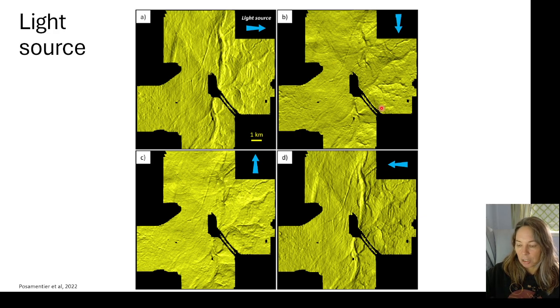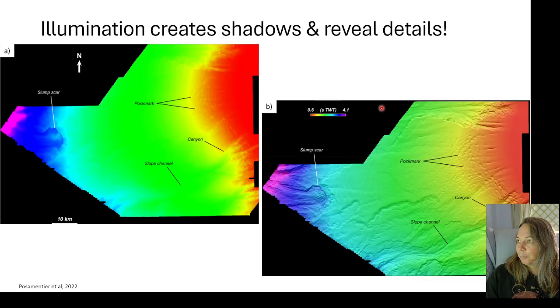So you can imagine interactively changing your light source and your illumination and really revealing how there are these subtle kind of elevation differences in your horizon. So movies are becoming more and more common as ways to communicate what you're seeing, because we can see different patterns as we move through the data, as we scroll through the data, than we can in just one flat image.